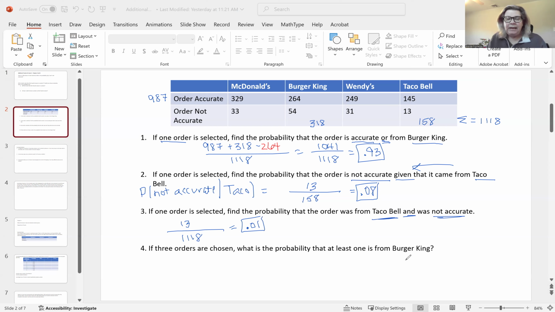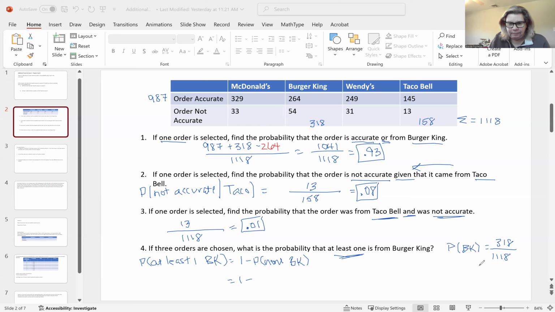Okay. And to give you another example of the at least one, I want the probability of at least one from Burger King. That means 1 minus the probability of none being from Burger King. Okay, well, Burger King, the quickest way maybe here is Burger King was 318 orders out of 1118. So that turned out to be 28%.